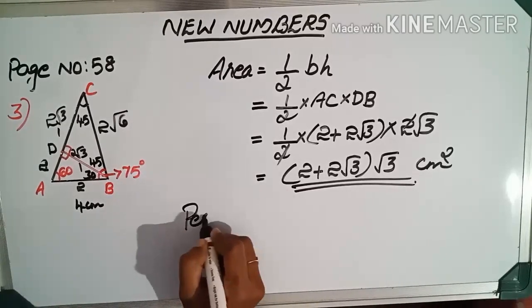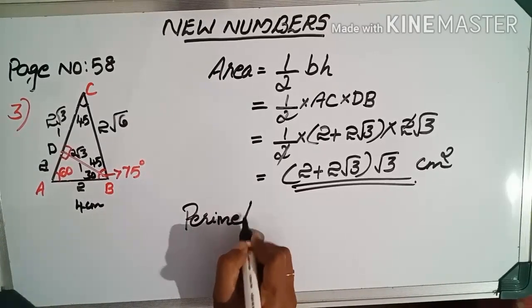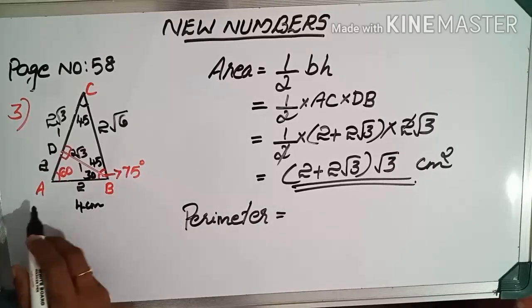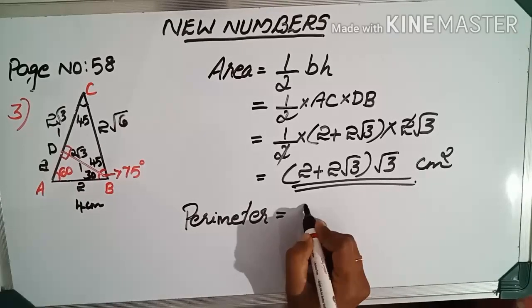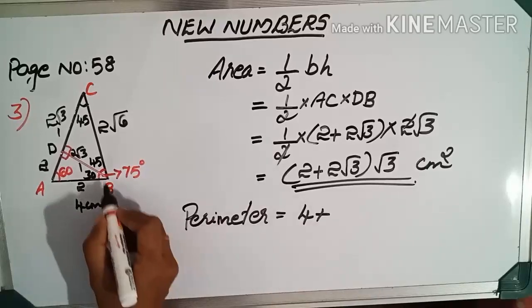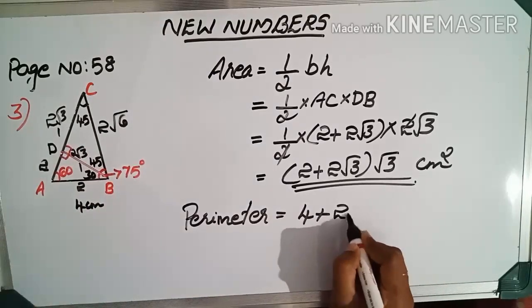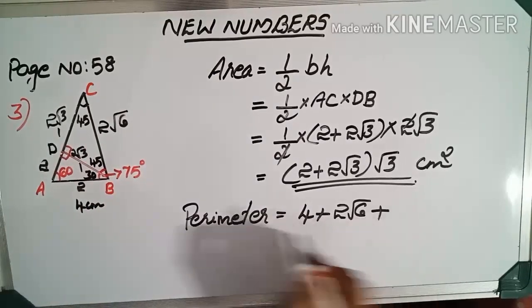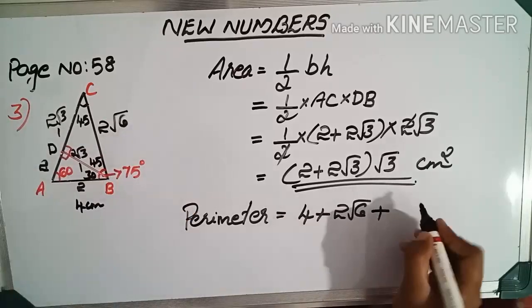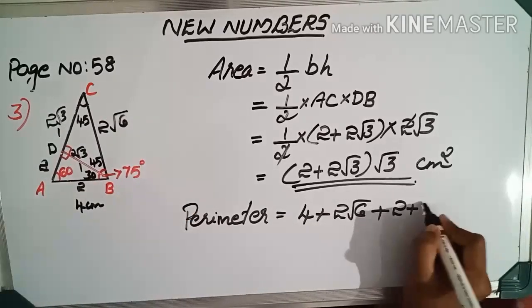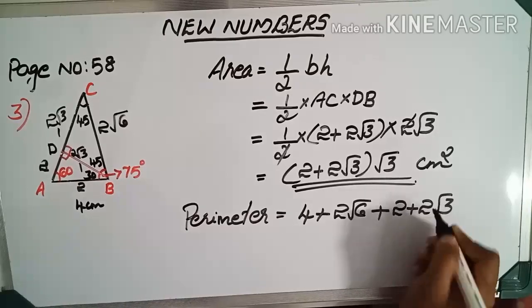Next is perimeter. Okay, perimeter means sum of all the 3 sides. So first side is what? 4. So 4 plus next side is 2 root 6 plus next is 2 plus 2 root 3.